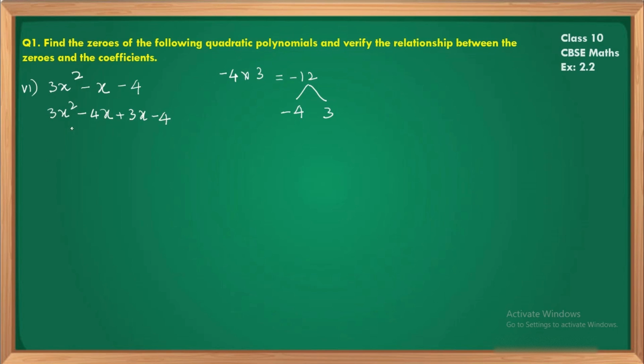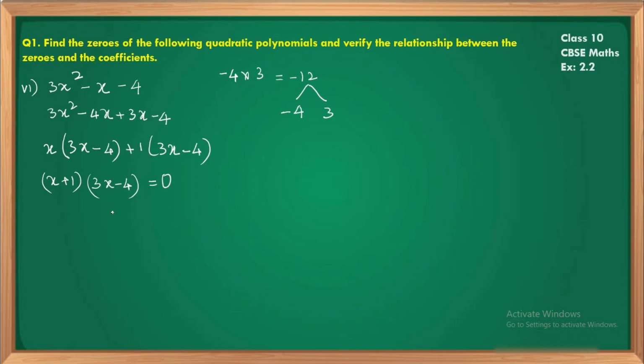This is equal to the first equation itself. Now we have x as a common factor. The balance is 3x minus 4 plus 1, again 3x minus, you need to put minus here and then put 4. Thus you have x plus 1 as one term, 3x minus 4 as the other, which will be equal to 0.